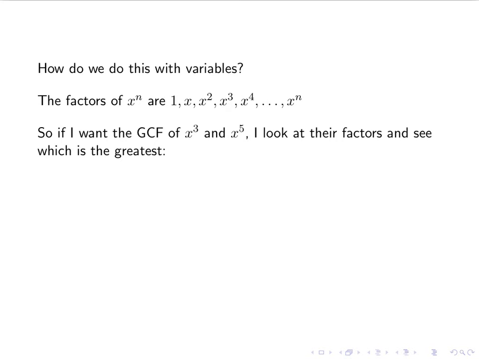So if I want the GCF of x cubed and x to the fifth, I look at their factors and see which is the greatest. So the factors of x cubed are 1, x, x squared, and x cubed. The factors of x to the fifth: 1, x, x squared, x cubed, x to the fourth, x to the fifth. The largest that they have in common is x cubed.